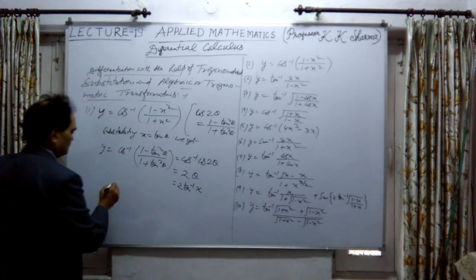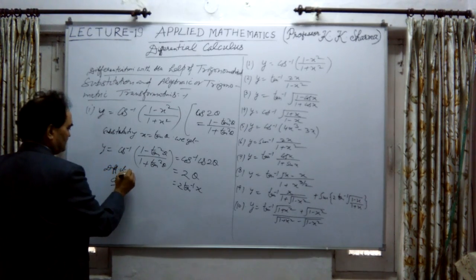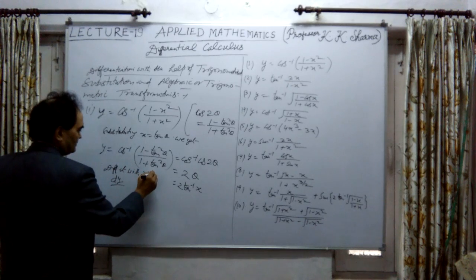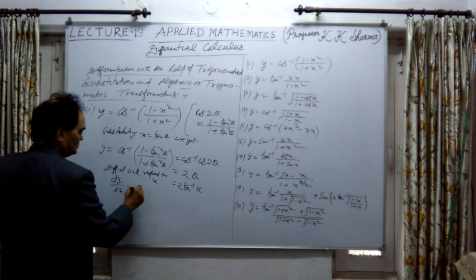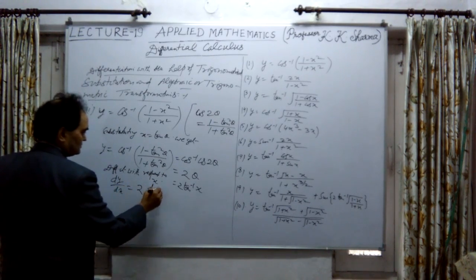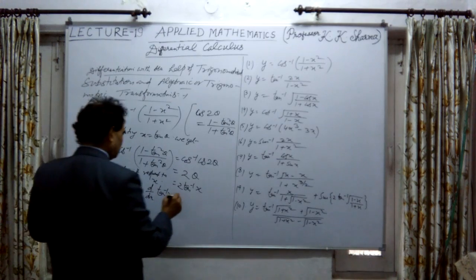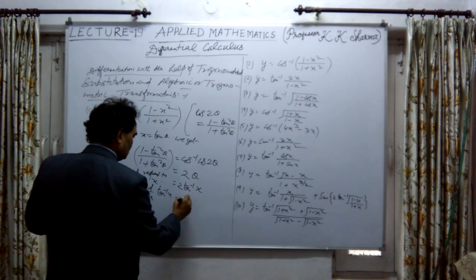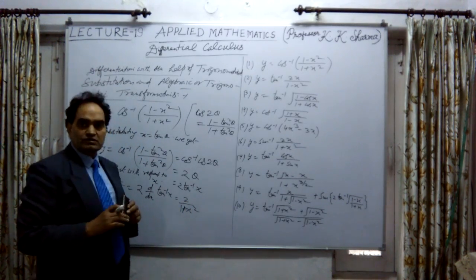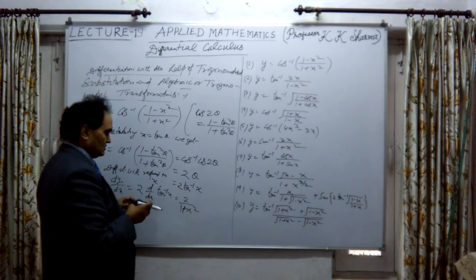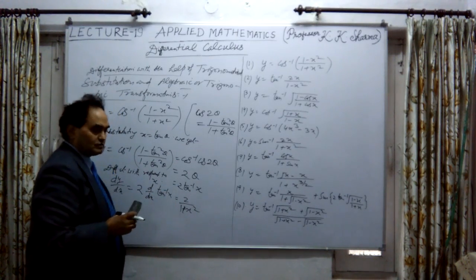Therefore, differentiating with respect to x, dy/dx equals 2 times d/dx of tan inverse x, which is 2 upon 1 plus x square.